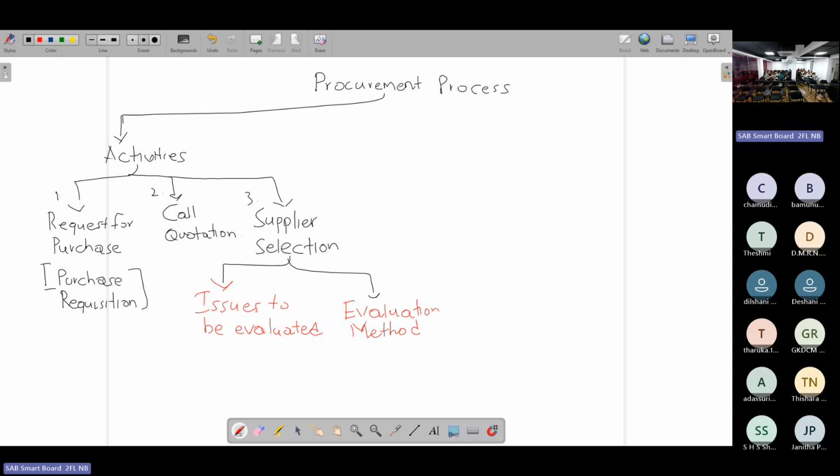Last class you had this on the whiteboard. What are the 4 issues to be evaluated when we are selecting a supplier? First, whether the supplier can deliver the required quantities. How can we evaluate that issue?